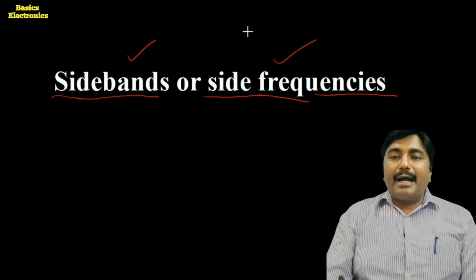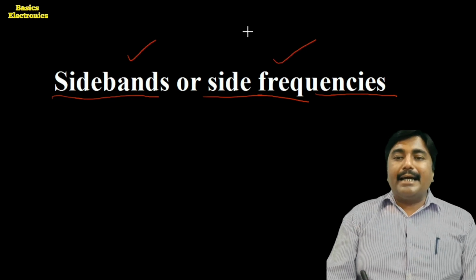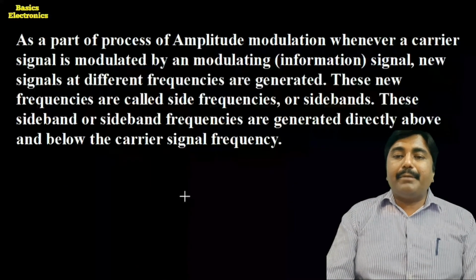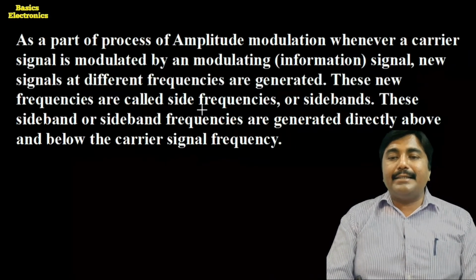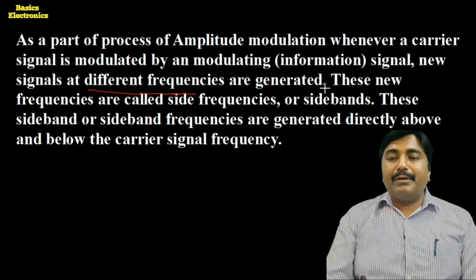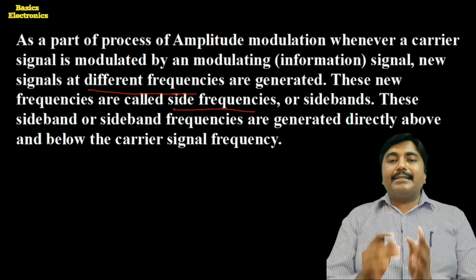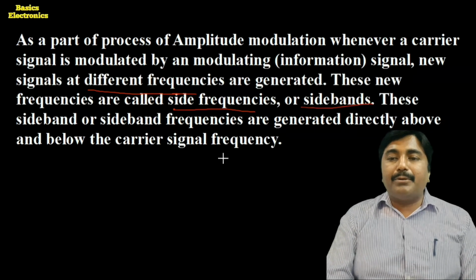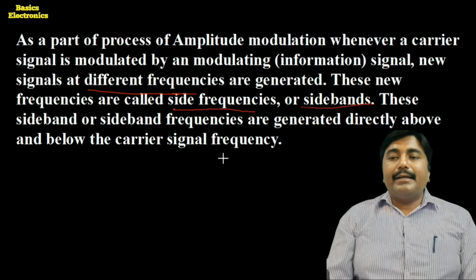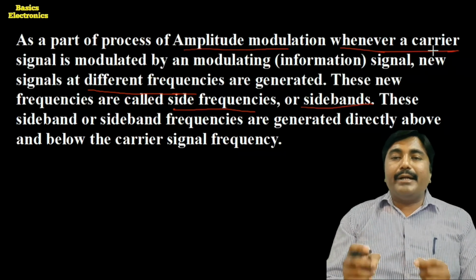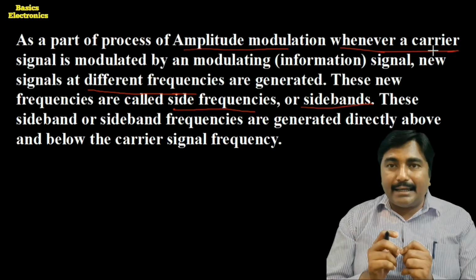As amplitude modulation is done as part of the process, different frequencies are generated. These different frequencies we call the side frequencies or the sideband. As part of the process of amplitude modulation, the carrier is modulated by the modulating or information signal.